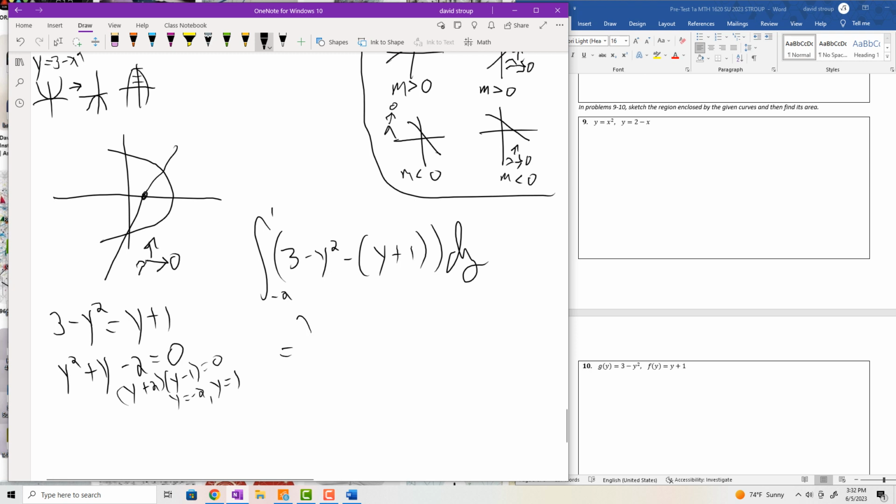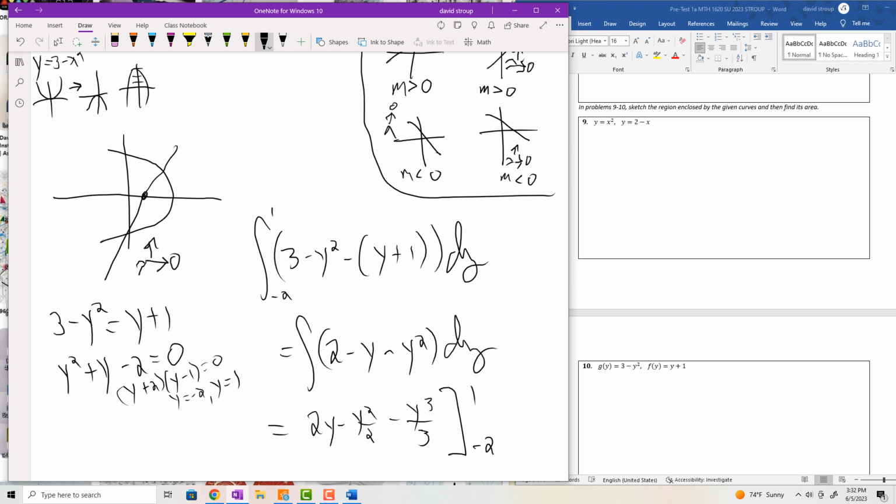And then evaluate. 3 minus y squared minus y minus 1 will give you 2 minus y, let's put the y first, and then minus y squared dy. So simplify before you integrate, okay? And then this will be 2y minus y squared over 2 minus y cubed over 3, evaluated from negative 2 to 1.